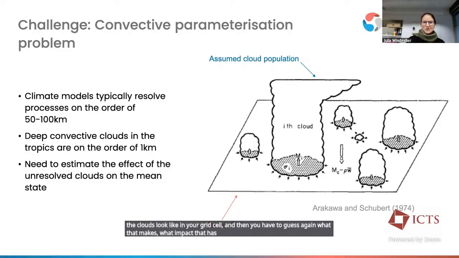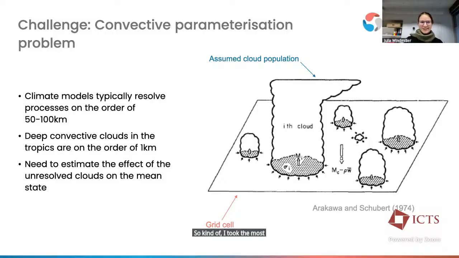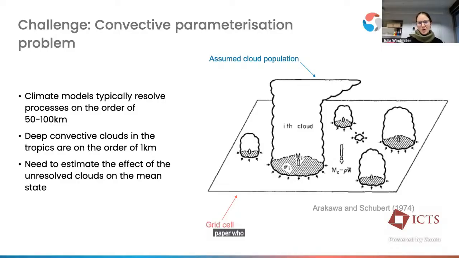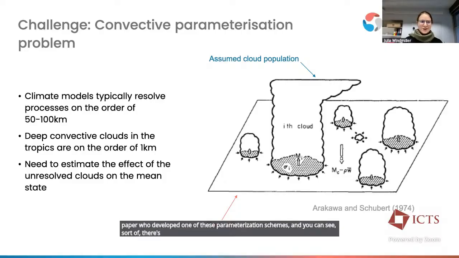So I took the most classic convective parameterization schematic that exists, from the Arakawa and Schubert paper, who developed one of these parameterization schemes. You can see there's this grid cell, which is what your climate model resolves.